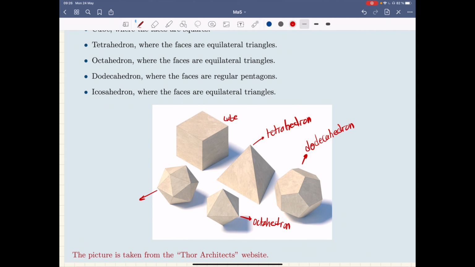Then you will have the icosahedron. So we can have only 5 regular polyhedra, and these are the names: cube, tetrahedron, octahedron, dodecahedron, and icosahedron. These are the only 5 objects that we can have.